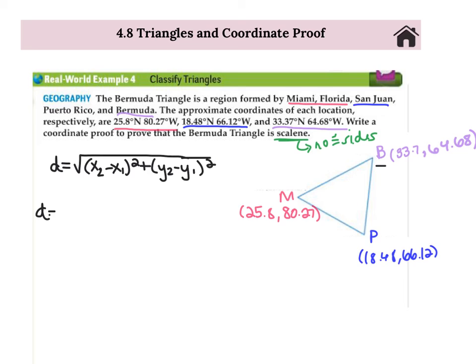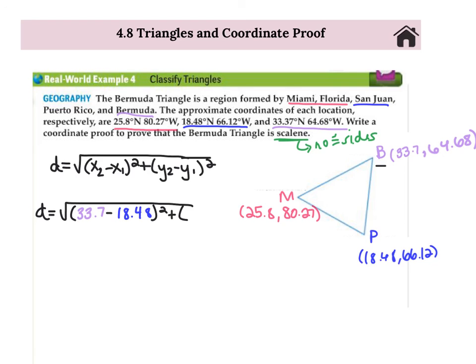So the distance of, and I'll do colors for the given points. I'll use Bermuda as my x2. So we have minus squared.